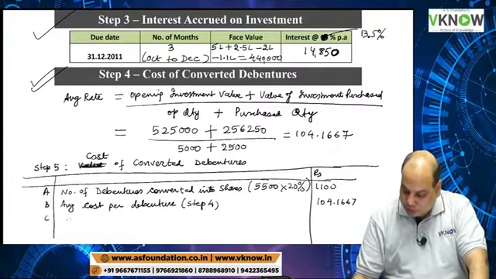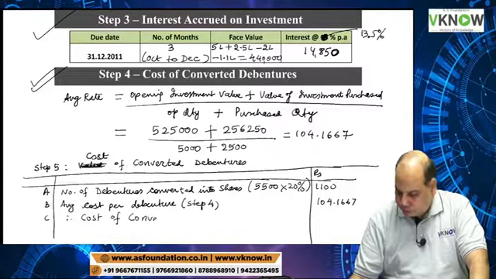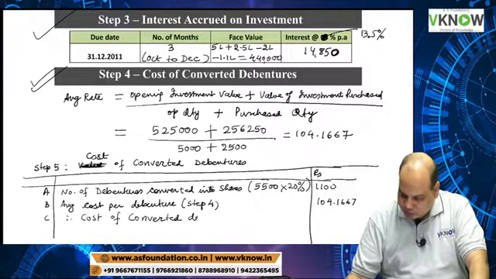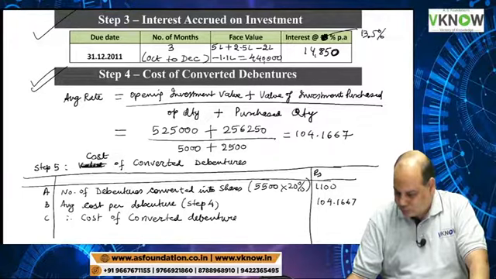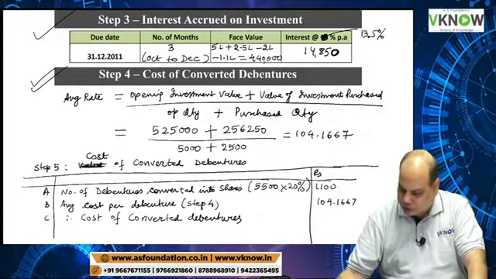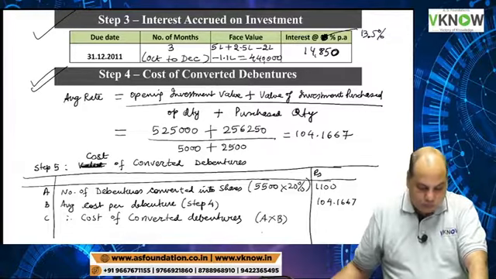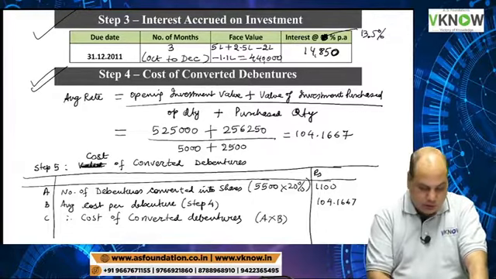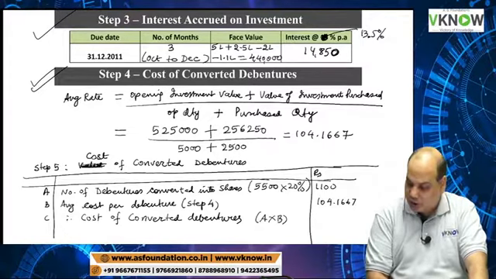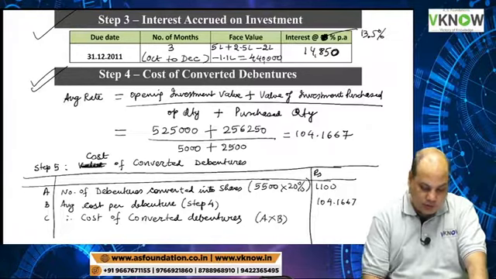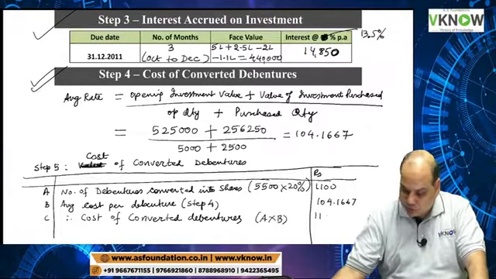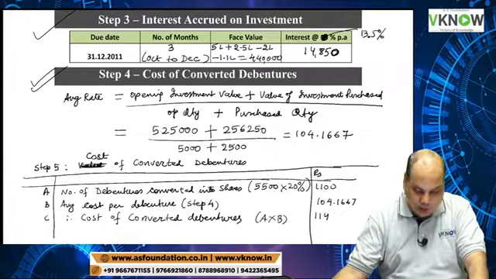So therefore cost of converted debentures is A multiplied by B. So let me try 1100 into 104.1667, and that is 114,583.